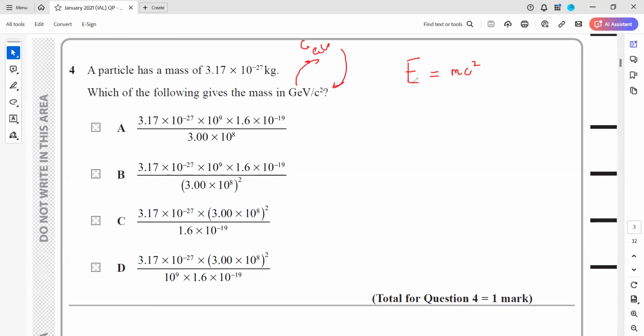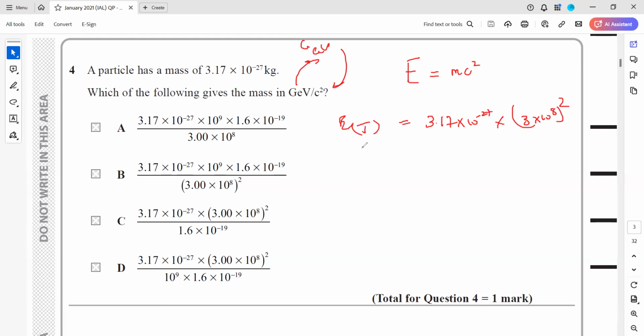So first, when we substitute in this formula E is equal to mc square, 3.17 into 10 to the power minus 27 multiplied by the speed of light, which is 3 into 10 to the power 8, square. This will give an answer in joules. Here we have energy in joules.